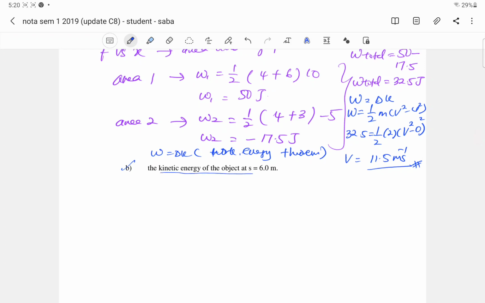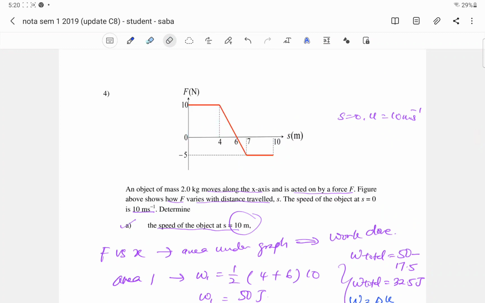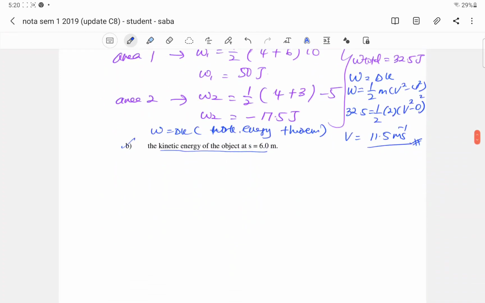Alright, so kita tengok number b. The kinetic energy of the object at s equal to 6 meters. Okay, s equal to 6 meters. Alright, so kita nak dapatkan yang bahagian ini saja. Okay, so kita dapatkan dulu kita punya work.